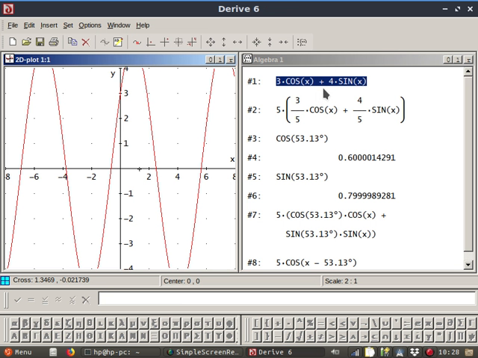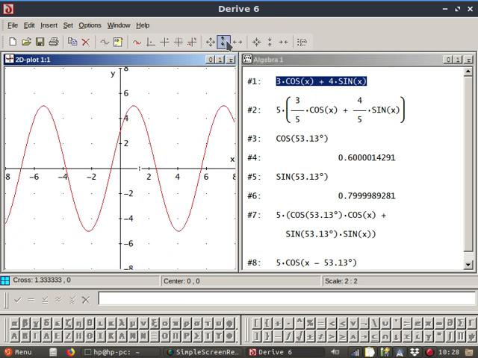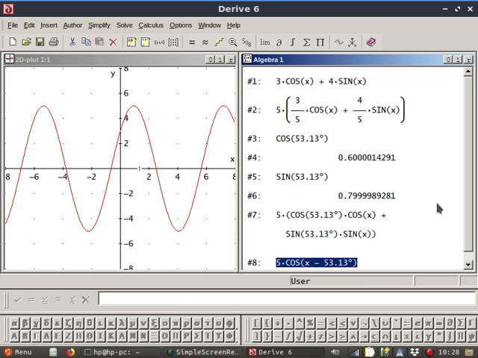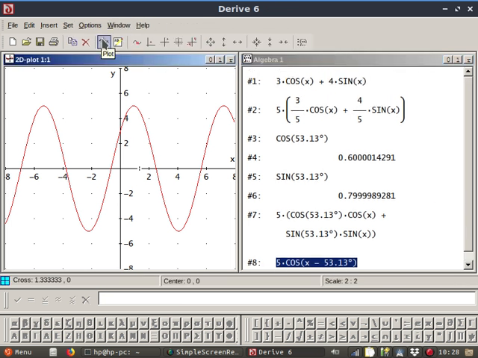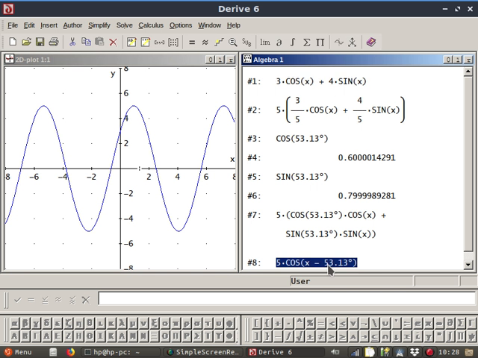That's this one, 3 cos x plus 4 sine x. Now if I draw this one, it should be the same. Ready? Let's hope so. Yeah, so this and this are the same. But this is much simpler.